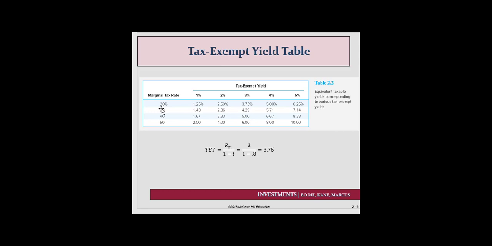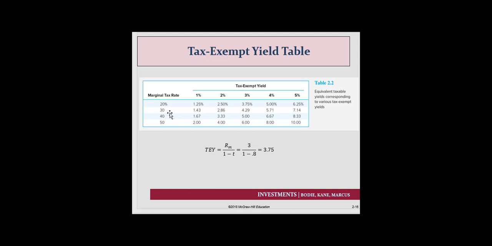Again, this follows the strategy of there's no such thing as a free lunch. Being able to not pay taxes is a benefit, so it's going to cost you something. In this case, the tax-exempt yield is 3.75%.